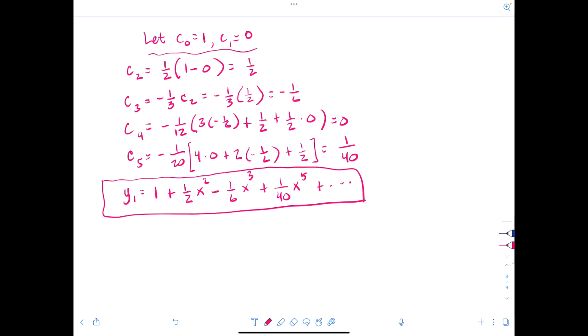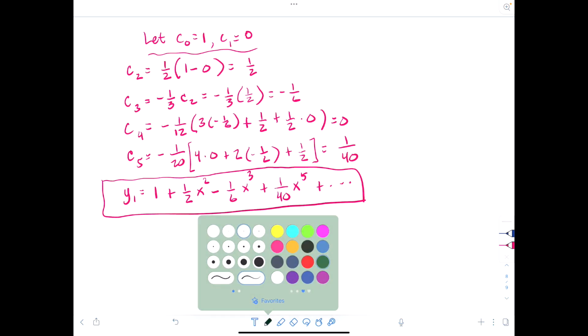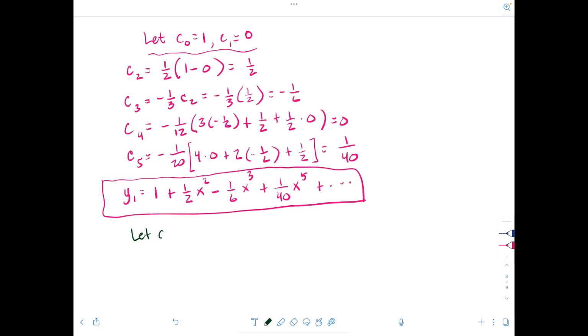All right, so now we're going to switch it up. We're going to let C0 be 0 and C1 equal to 1. So when we do that, C2 will be 1/2 times 0 minus 1, so this will be -1/2.